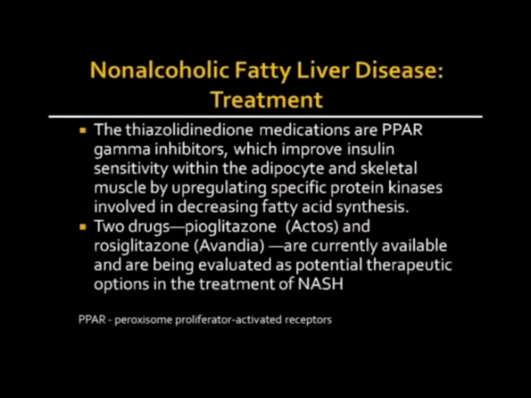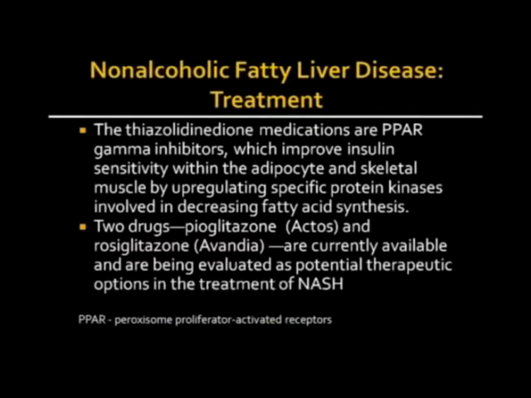The job of the PPAR is they will promote cellular development, okay, and proliferation of fats, proteins, and carbohydrates, but they are also tumorigenic. So drugs have been used to inhibit PPAR, or PPAR gamma inhibitor, which improves insulin sensitivity.